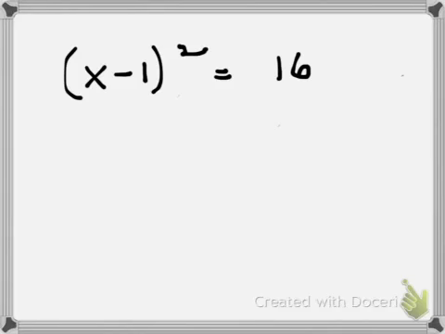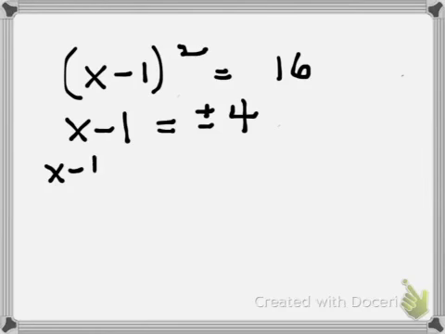So I'm going to take the square root of each side. Square root on the left-hand side just gives me x minus 1. However, on the right-hand side, I get positive and negative 4. And then I take care of the two possibilities.